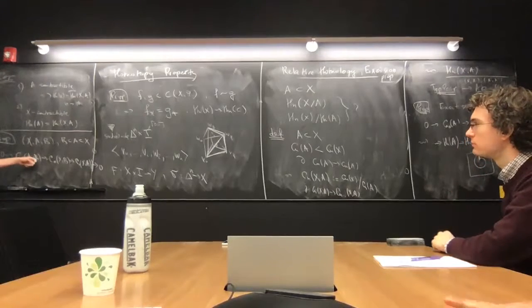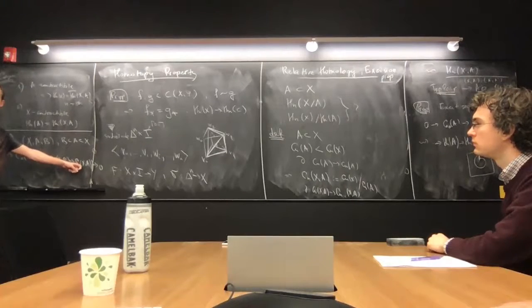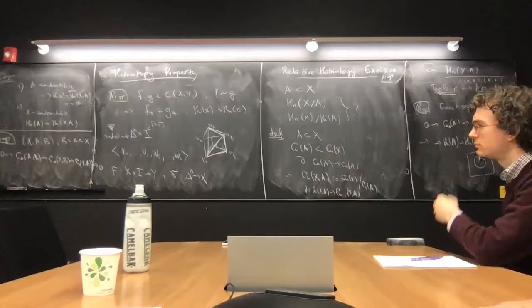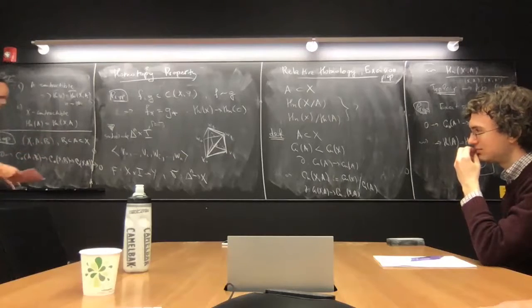Chains in A relative to B can be injectively mapped into chains in X relative to B, and those are exactly the ones that are killed by projecting onto A. So this produces a long exact sequence. I'm not going to write it out. You know what it looks like.